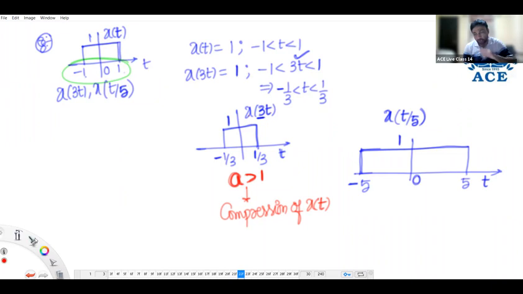What is the value of a now? 1/5, which is less than 1 and greater than 0. x(at) for a = 1/5, less than 1 and greater than 0, becomes expansion of x(t). That is the point of observation. x(at) for a greater than 1 is compression. A positive and less than 1 is expansion. That is the first operation, the time scaling operation.